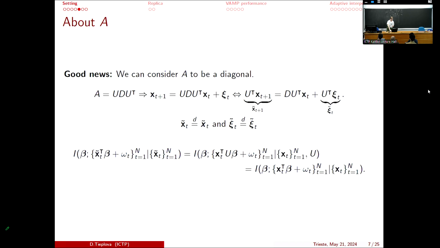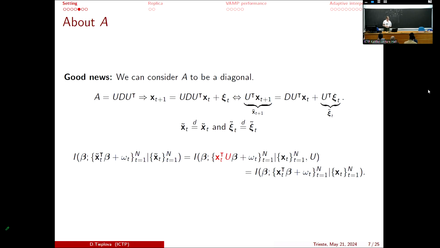Why is it important? On the very right we wrote the mutual information of beta and the samples obtained through x tilde. We rewrite x tilde as x multiplied by u, and we notice again this has exactly the same distribution.